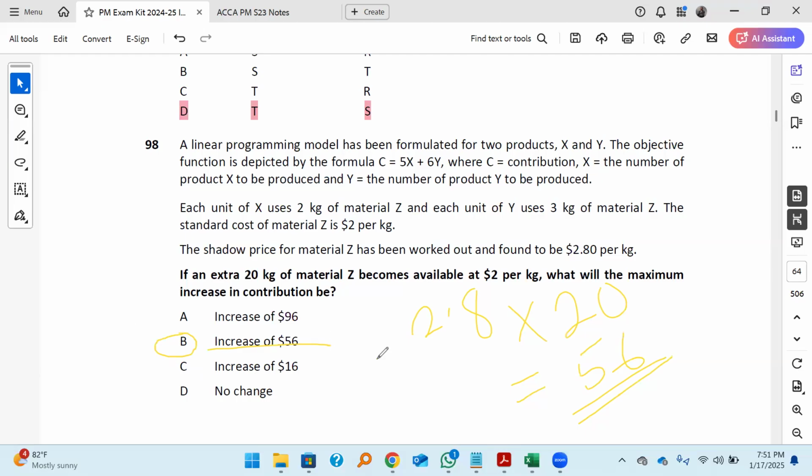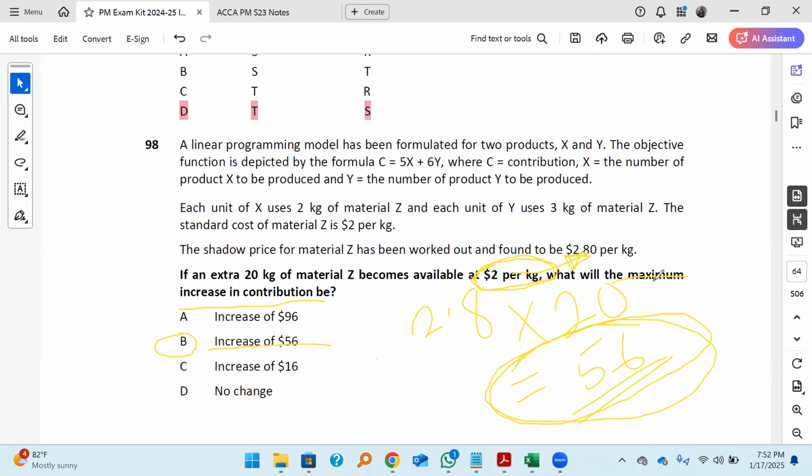What you notice is that I have not touched the $2 per kilogram, because they wanted us to get the maximum increase in contribution. Since I've spent $2, that will not be the contribution I add. I would actually only end up with 0.8, because I was supposed to increase by 2.8, but I paid $2, so it increases by 0.8.